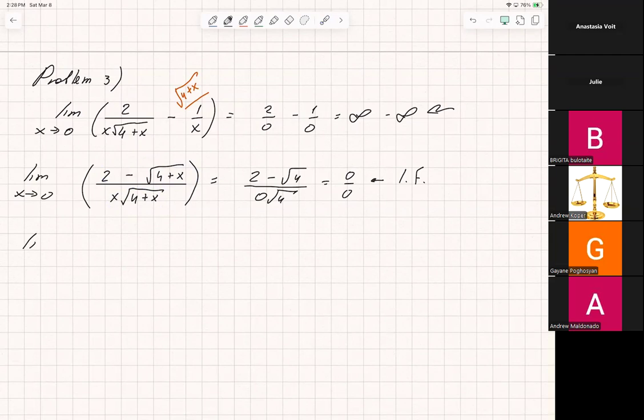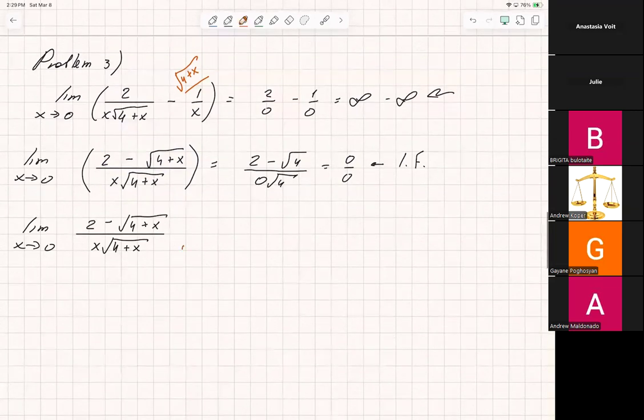So we would have limit as x approaches 0 of 2 minus square root of 4 plus x divided by x times square root of 4 plus x, and then we multiply by 2 plus square root of 4 plus x.